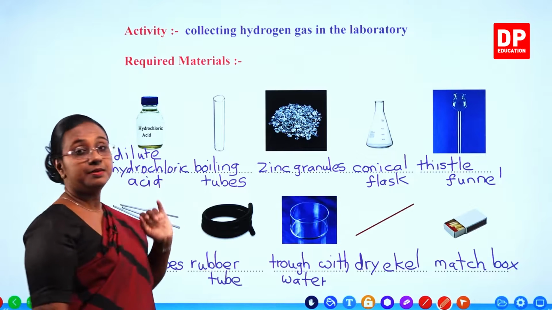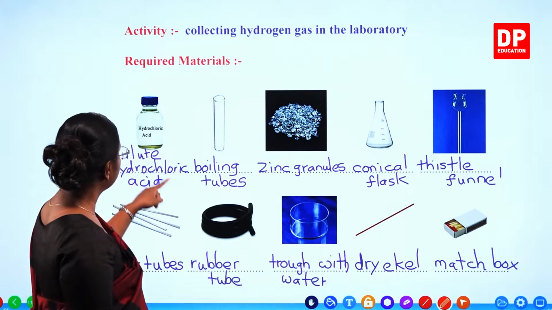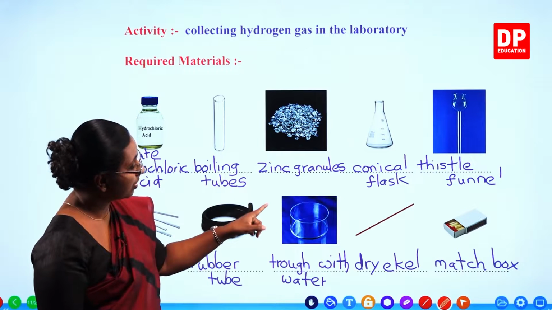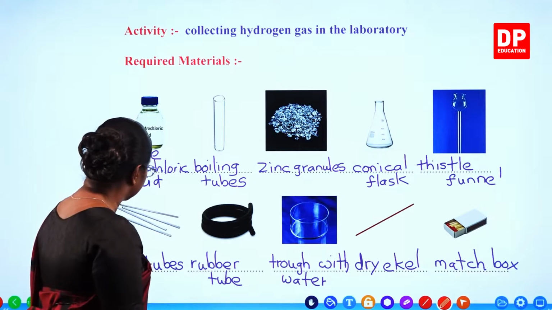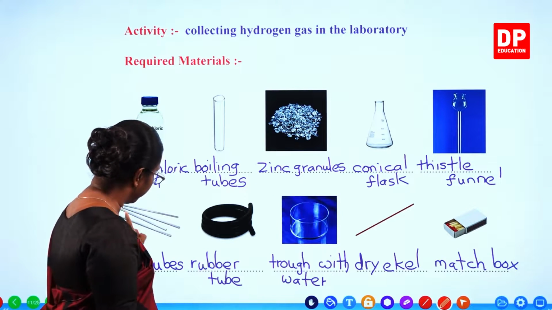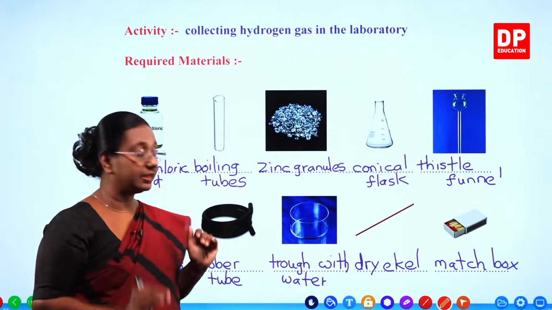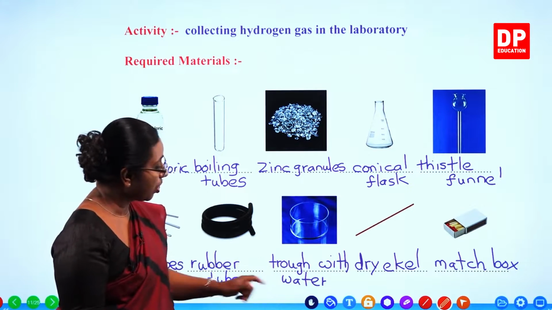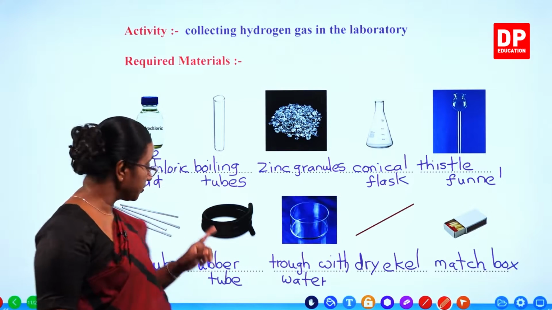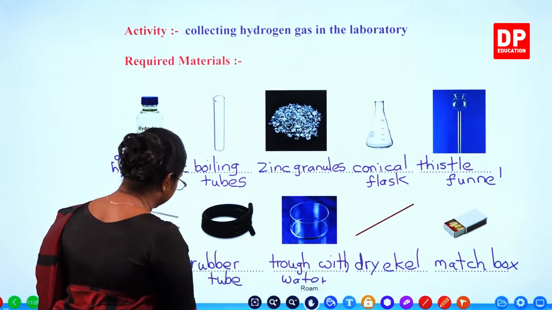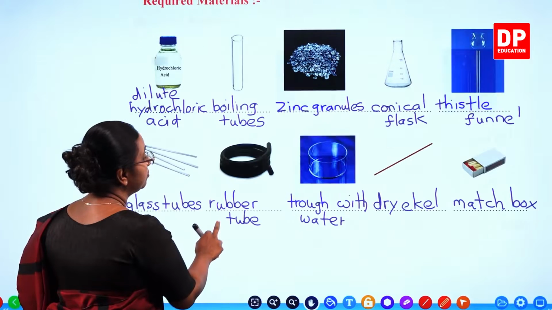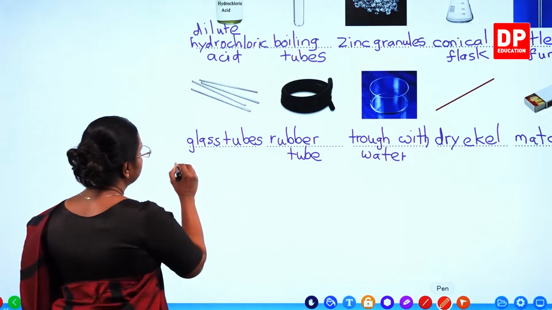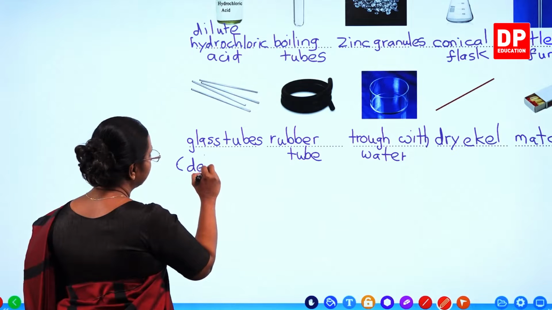So those are the materials that we need: dilute hydrochloric acid, boiling tube, zinc granules, conical flask, thistle funnel, glass tubes which have to be connected together, rubber tube, trough with water, dry equal, and matchbox. Usually these glass tubes are used as the delivery tubes.